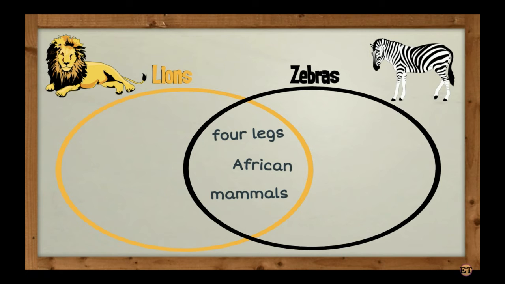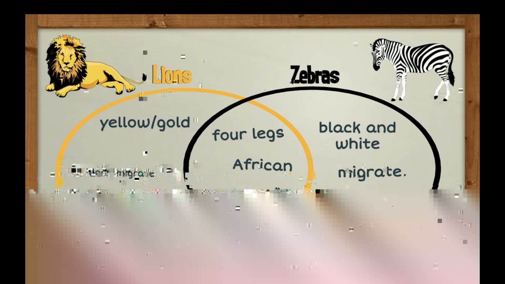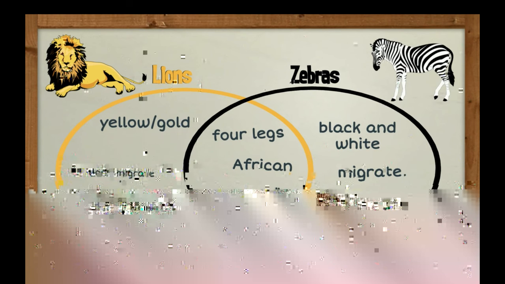As for differences, zebras are black and white, lions are a yellowy gold. Zebras migrate, lions don't. Lions eat meat, they're carnivores, while zebras eat plants, they're herbivores.